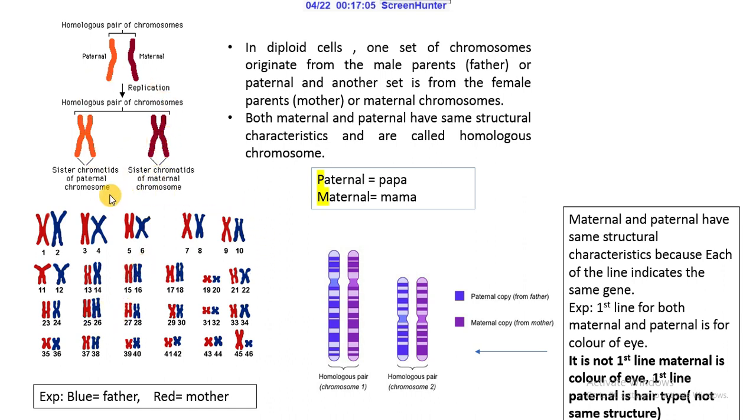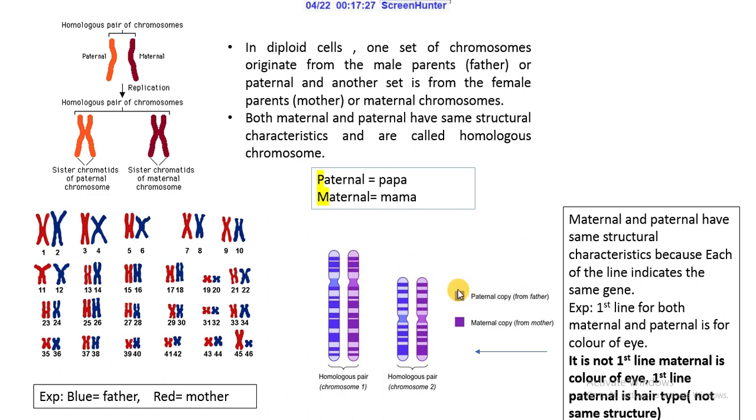If you can see the diagram here, for example, the blue one is from the father, the paternal, and the red one is from the mother, meaning that in a complete human cell, you will have one from the father and also one from the mother.